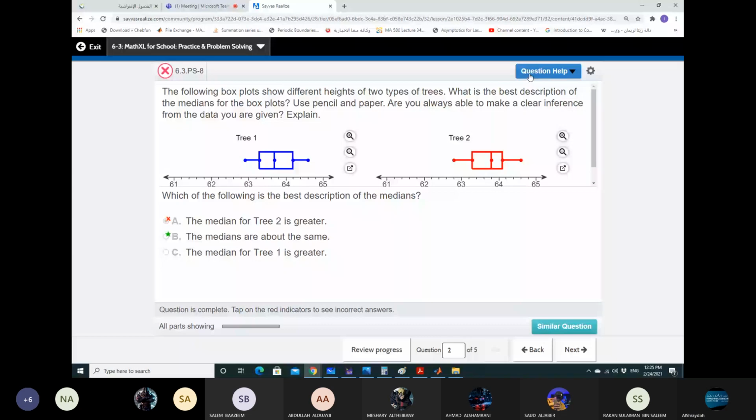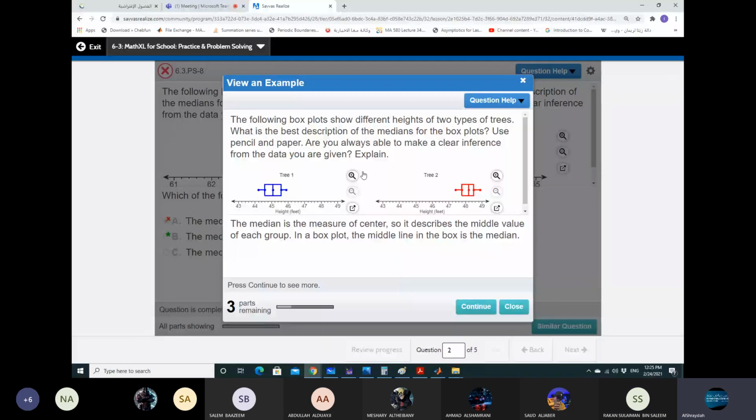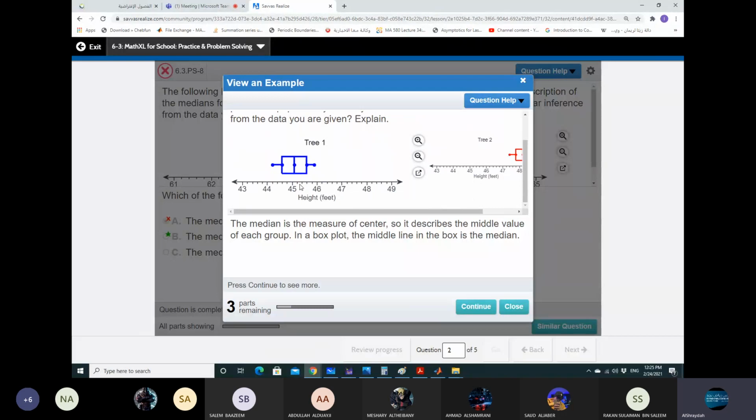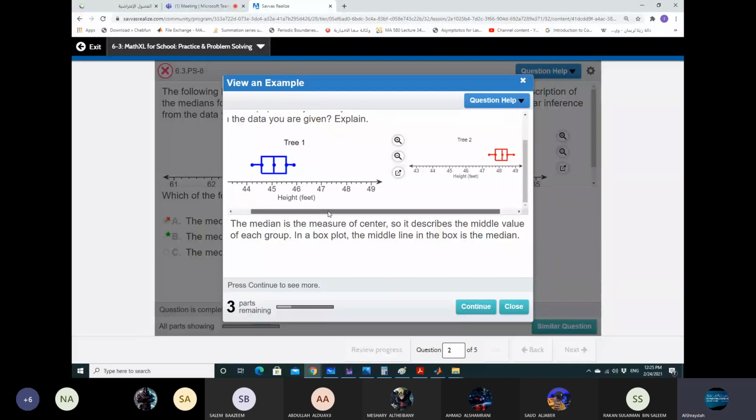Let's see a similar question to help you, an example. Teacher, it's not the same. I know. The following box plots show different heights of two types of trees. Okay, we have two trees here. The median of the first tree is about 45.1 and 48. This is a different question.